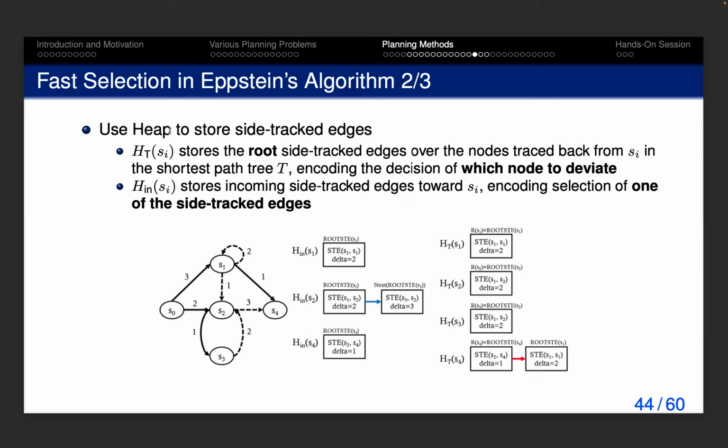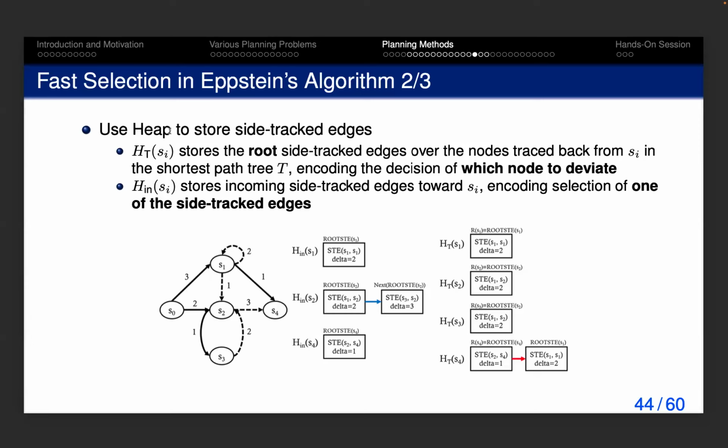I'm going to emphasize some differences later on, but at a high level you have two types of heaps in Eppstein's algorithm. Maybe this is a little bit different from the paper, but it's more or less the same, a simplified view of the same thing.